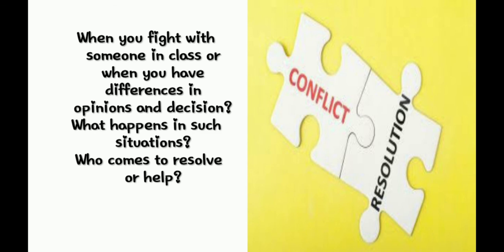Next, we have conflict and resolution. When you fight with someone in class or when you have differences in opinions and decision, what happens in such situations? Who comes to resolve or help?